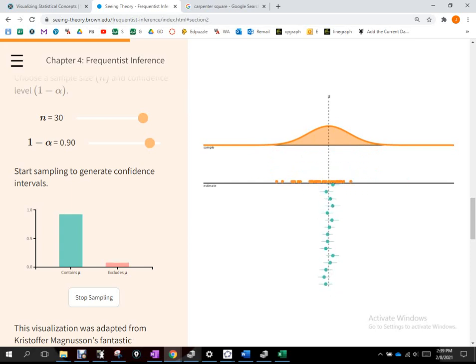As long as it is green where it passes below that second black line, that means my interval has captured the mean. It's passing through that dotted line, right? If it's red, that means that sample did not capture the mean, and that's one of those 10% times that my interval did not have the mean inside it. Does that make sense to everybody?